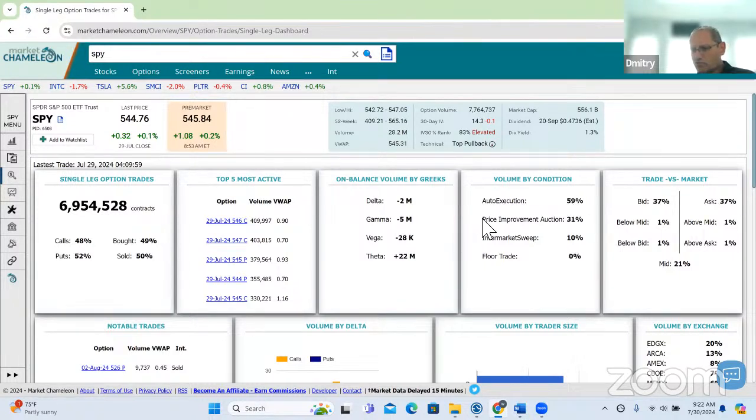Then you got this price improvement auction, 31%. And what this is indicating is that when you enter in an order, and since most orders and trades are done electronically now, the exchanges themselves have what's called a price improvement auction. So let's say the bid is $1 and the offer is $1.10. Now you have this market, and what if you want to buy it and you're willing to pay $1.10?